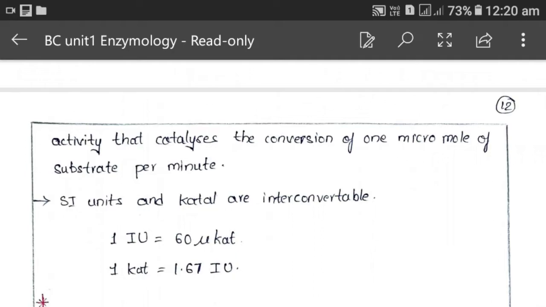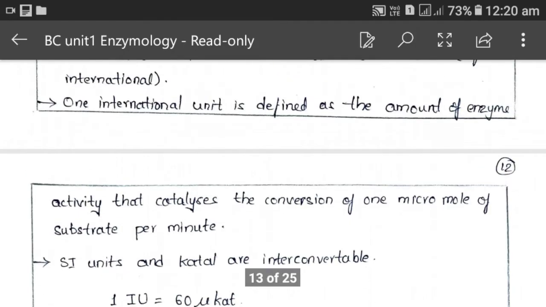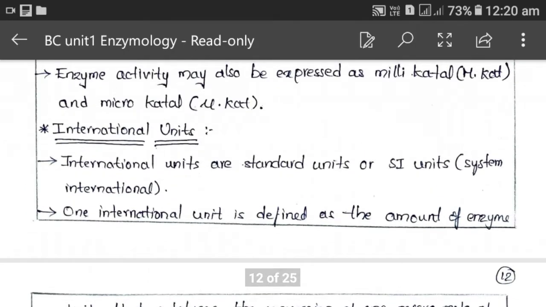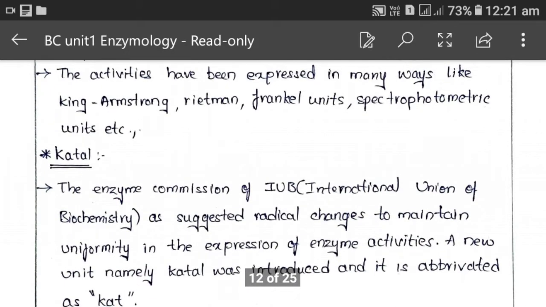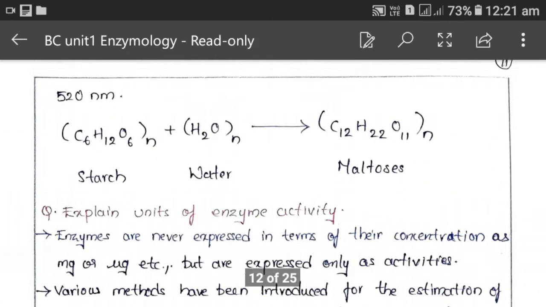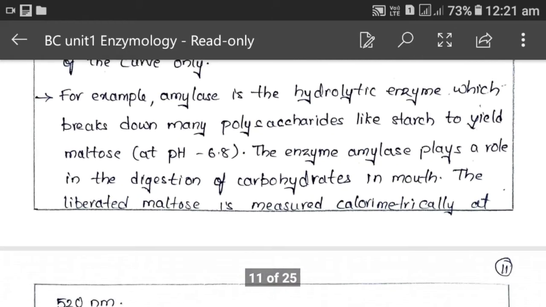One international unit is equal to 60 nanokatal, and 1 katal is equal to 1.67 × 10^7 international units. So by using these units, we can observe or estimate the enzyme activity.